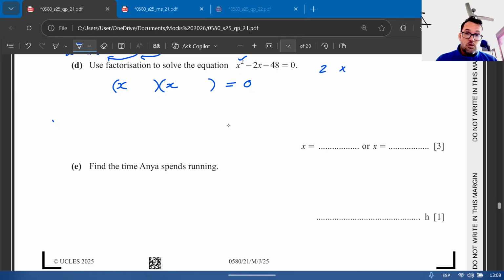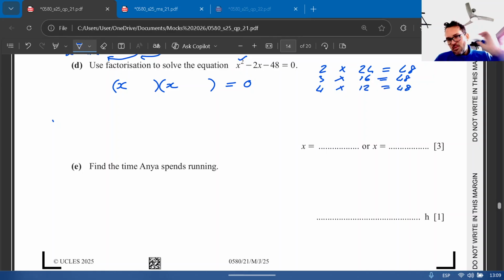We can do 2 times 24, that will give us 48. 3 times 16, yeah, that's 48. 4 times 12, that will be 48. What else is there? 6 times 8. And I think that's it.